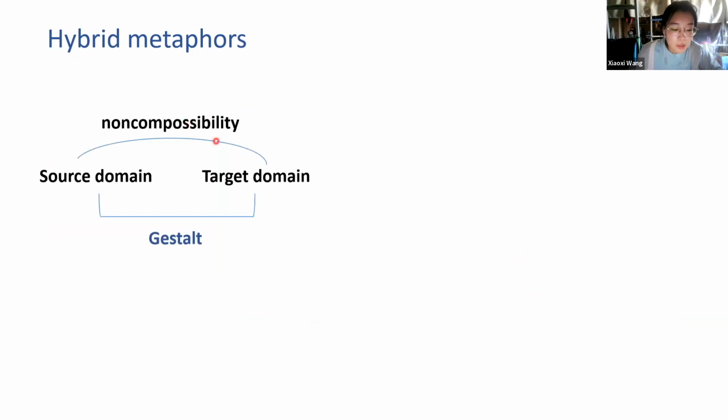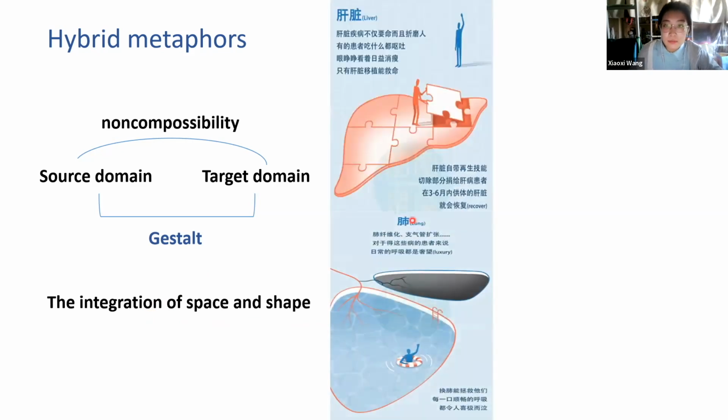Two non-composable objects act as source domain and target domain, and respectively are fused into a gestalt, and the features of the source domain are mapped to the target domain through the integration of space and shape. And let's see this webtoon.